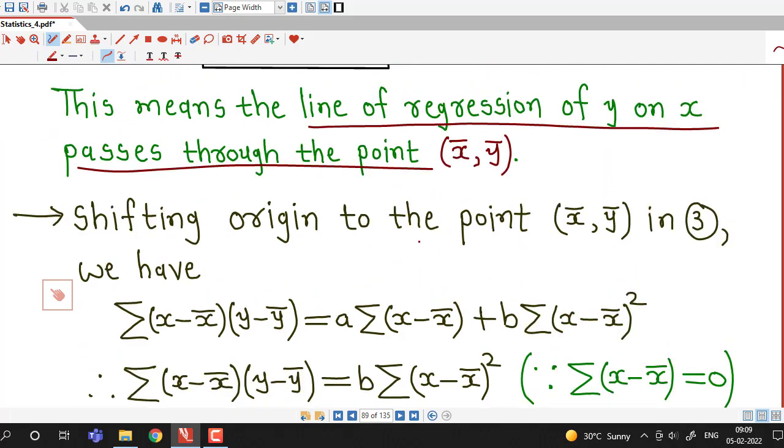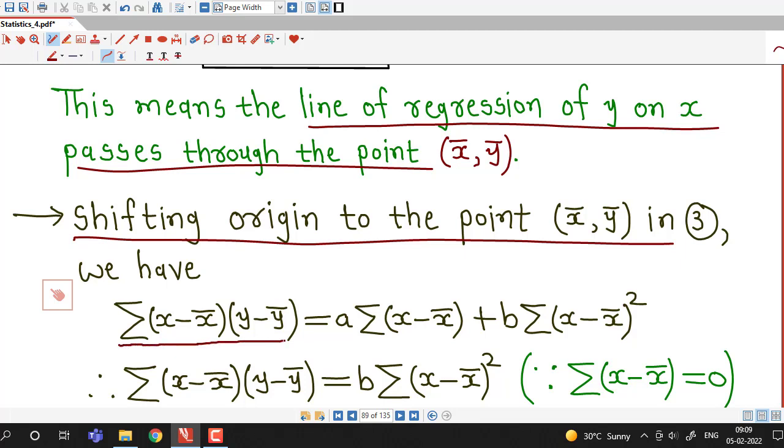Shifting the origin to the point x bar, y bar in equation 3, we have sigma x minus x bar times y minus y bar equals a times sigma x minus x bar plus b times sigma x minus x bar whole square. Now sigma x minus x bar is the sum of deviations of x values from its mean, and we know this summation is always 0.